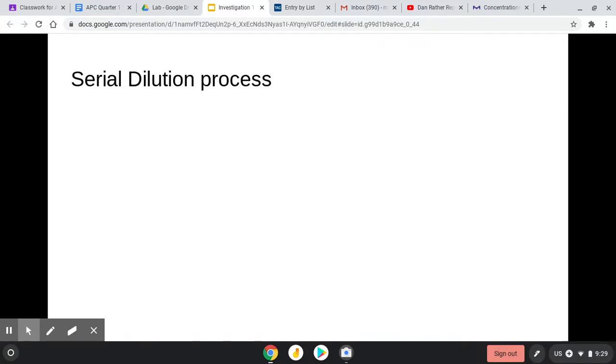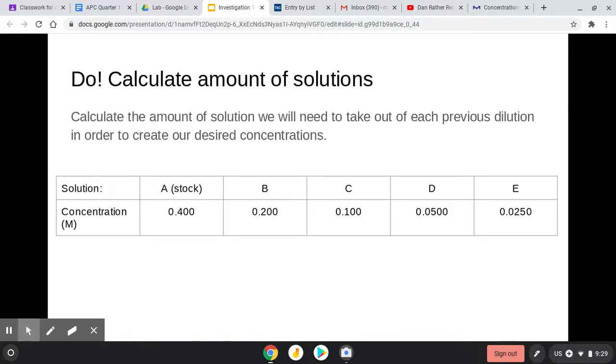And lastly, I need you to do the dilution calculations and figure out what volume I need from A to create B, what volume I need from B to create C, what volume I need from C to create D, and what volume I need from D to create E. So you're going to do 4 different calculations to figure out the volume I need in every step of our serial dilution. All right, send me questions.